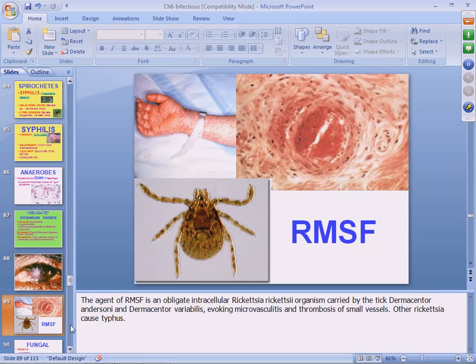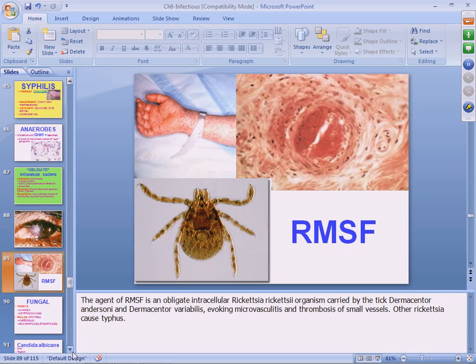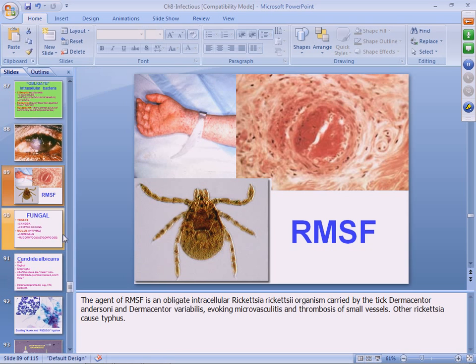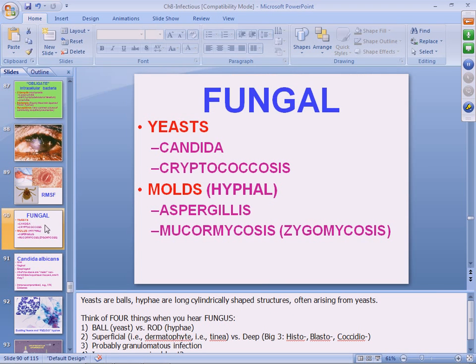Okay, so I think we have another category here called fungal. And like we said before, the fungi that you see in tissue are either going to be yeasts, round balls. Maybe these round balls will have little buds on them, of which Candida is overwhelmingly the number one likely organism. Cryptococcus is going to be the second most likely.